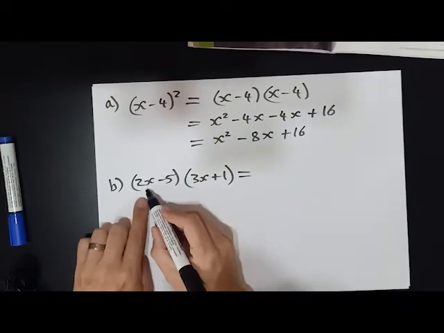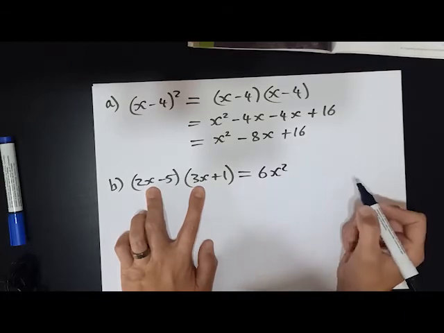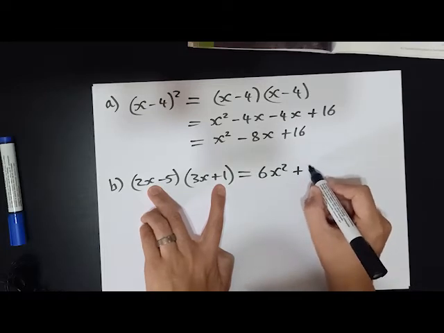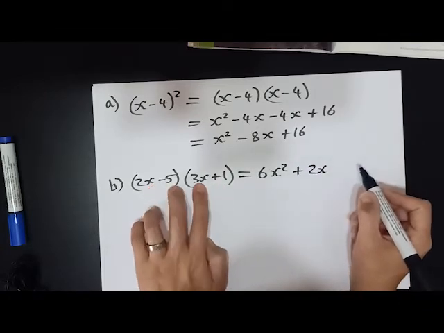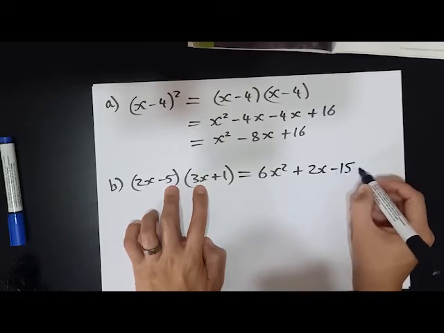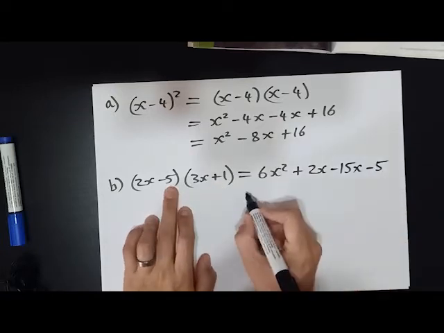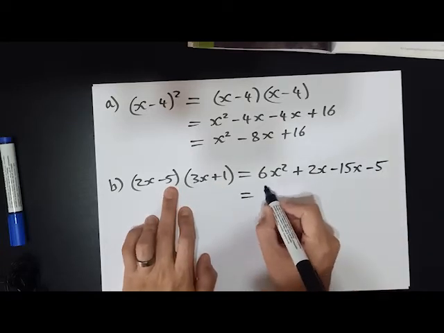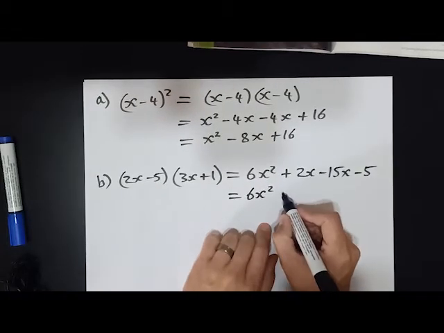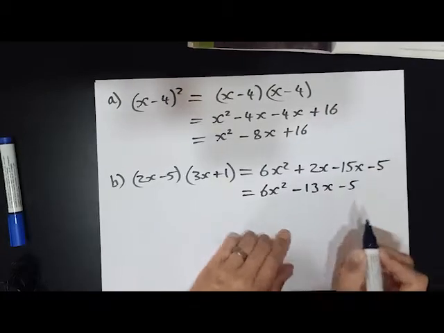Same technique, 2x times 3x, 6x squared. 2x times plus 1, plus 2x. Now this one, minus 5 times 3x, that's minus 15x. Minus 5 times 1, minus 5. Equals 6x squared plus 2 minus 15, that's minus 13x, minus 5.